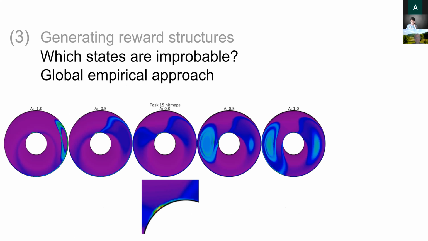So some examples of applying the global empirical approach. Here we have, on our set of dynamics that we introduced before, a number of different actions, and what I've plotted here are the points that are most frequently reached when we run time forward using these different sets of actions.